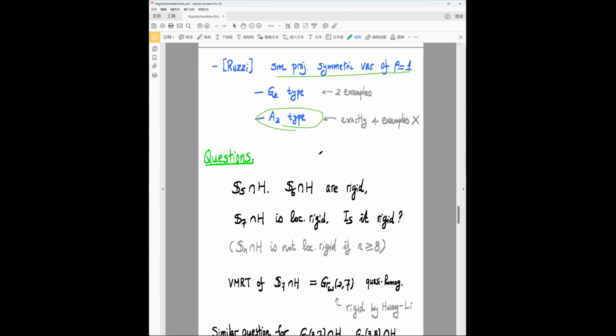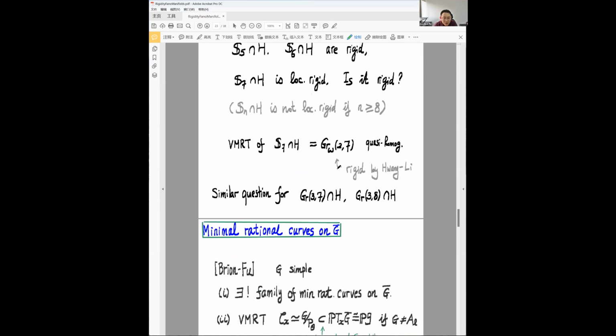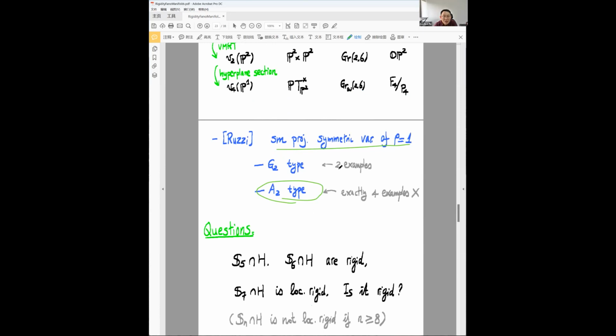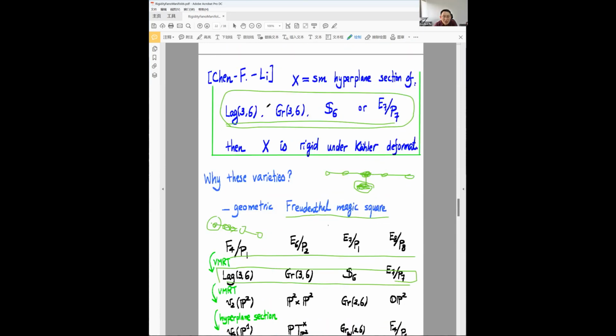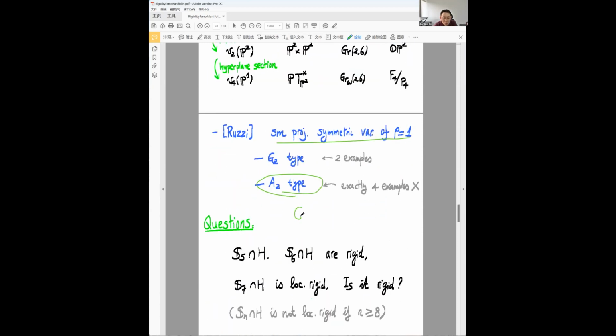I'm sorry, what does symmetric mean here? Symmetric means, on the open part, yeah, maybe later on I have some. Okay, so I didn't write it here. It means, for example, this hyperplane section of this one has an open part, which is G mod H. Then H is symmetric.